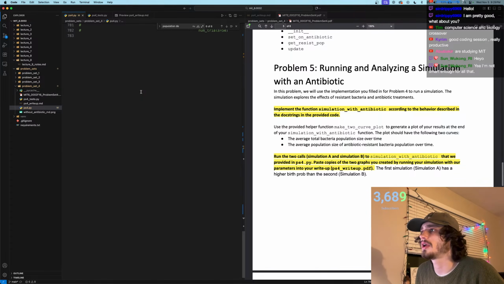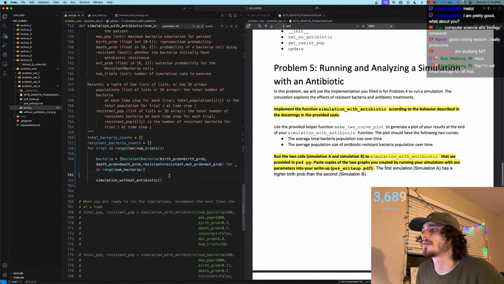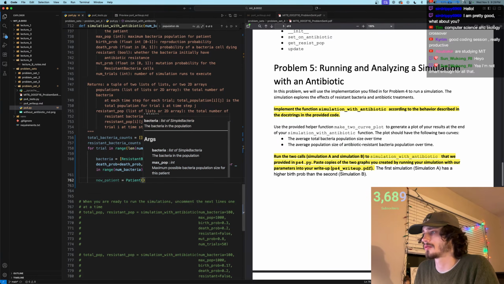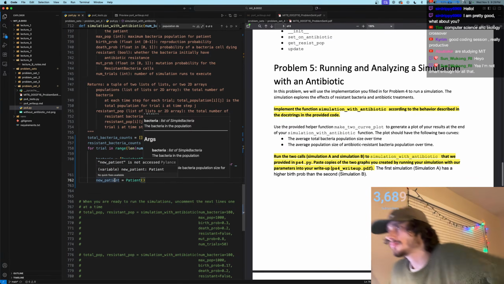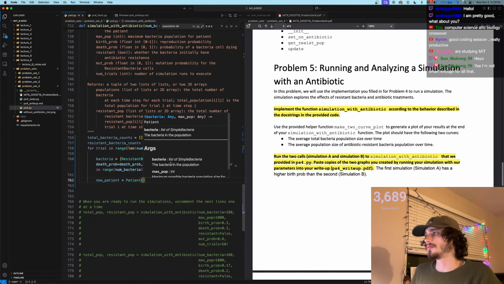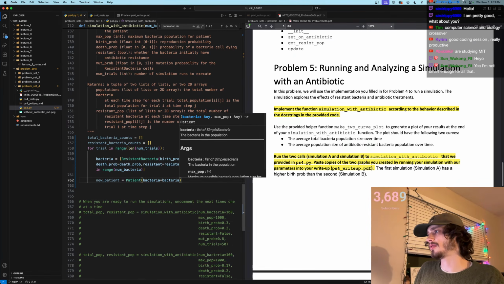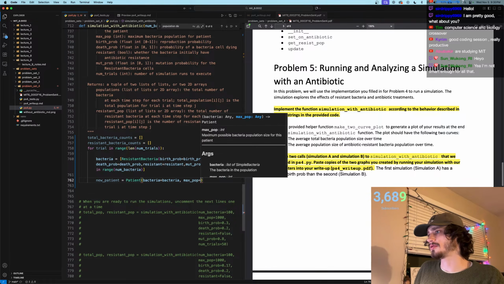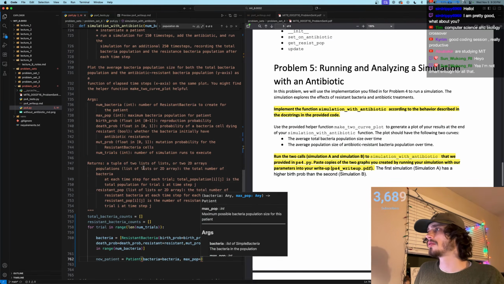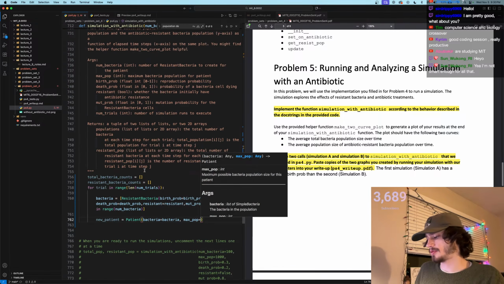Okay, so if we create a new patient, right, we create a new patient, we give bacteria equals bacteria, max population equals max pop.